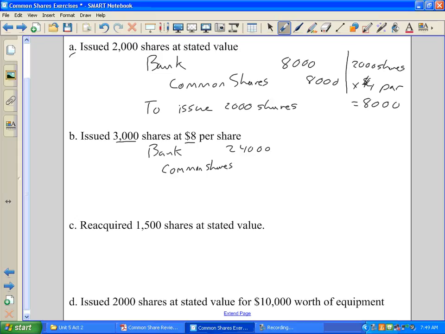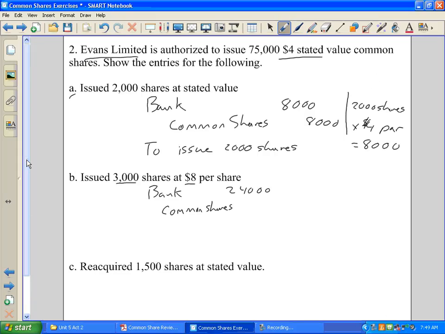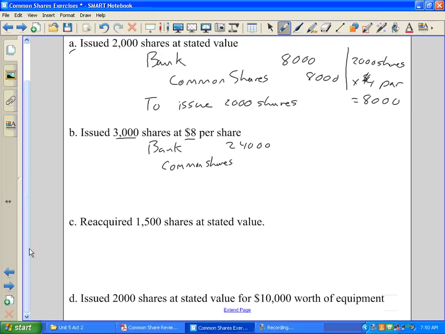We're going to go to common shares as a credit. But you have to realize that in this case, the stated value of the shares is only $4. Okay, so we've sold 3,000 of them. That means that we've only sold $12,000 worth of common shares.